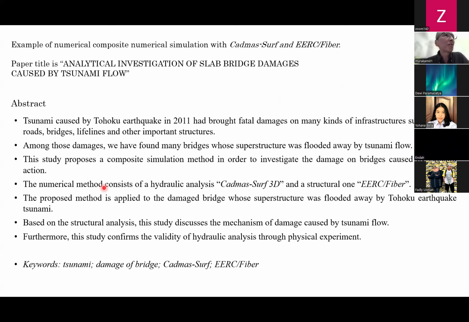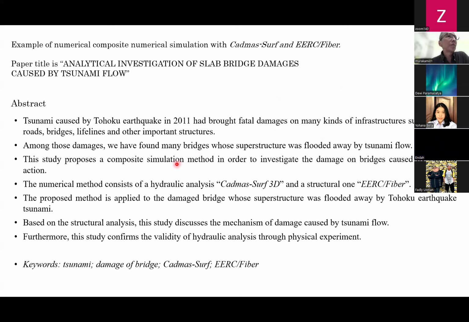So the tsunami caused by the Tohoku earthquake in 2011 brought fatal damages on many kinds of infrastructure such as ports, roads, bridges, lifelines, and other important structures. Okay. So among those damages, we found many bridges whose superstructures were washed away by tsunami flow.